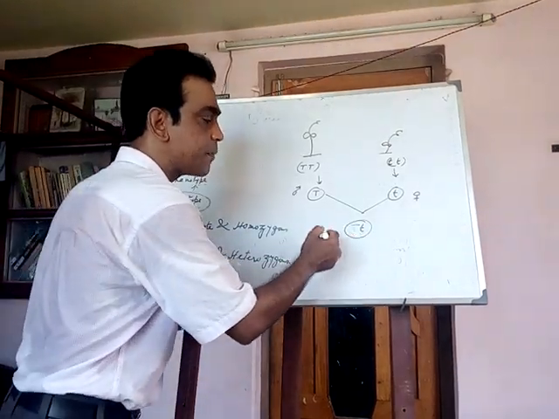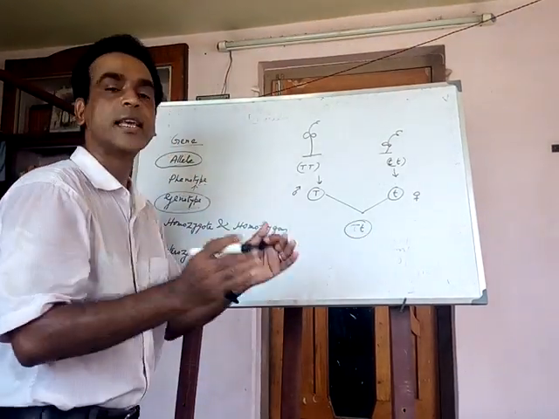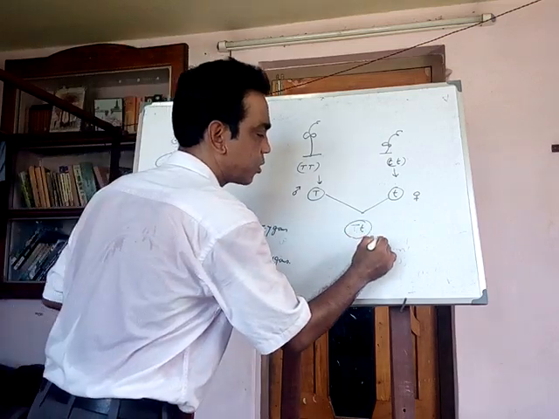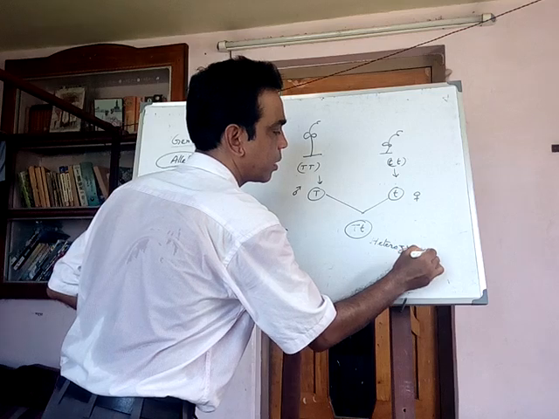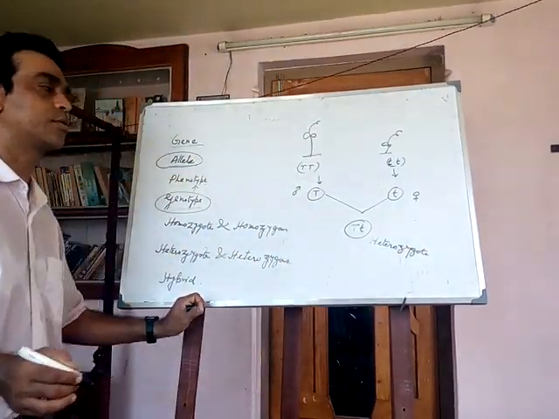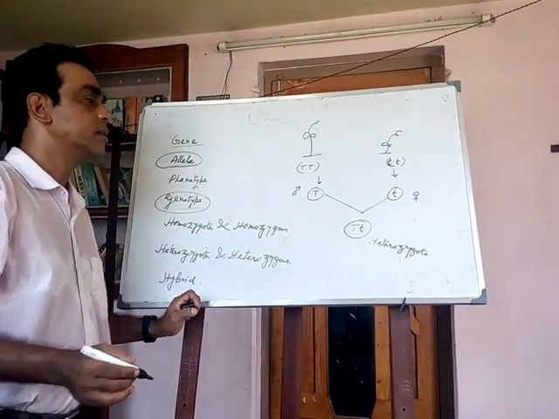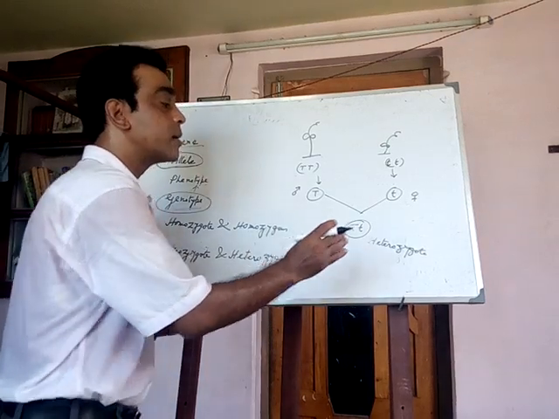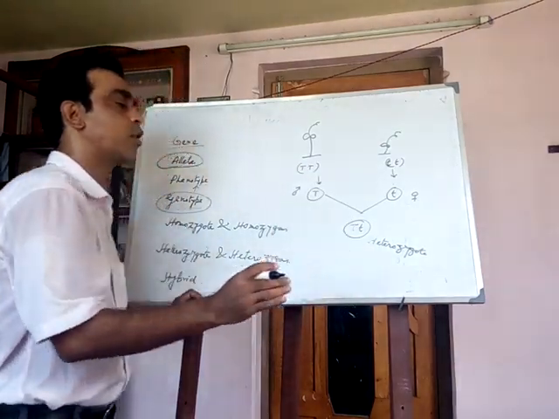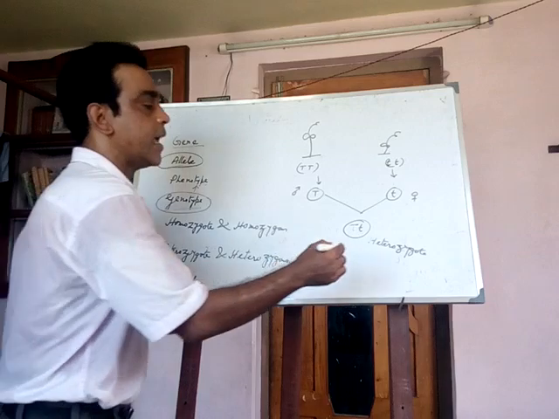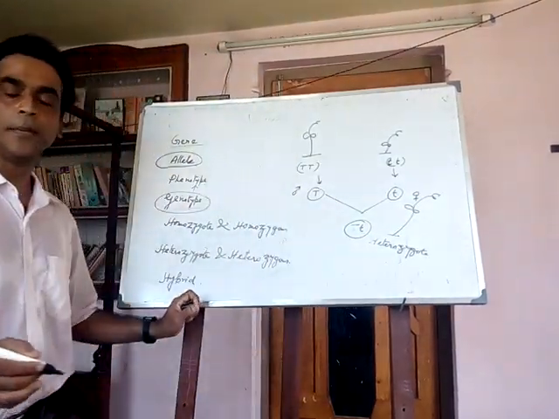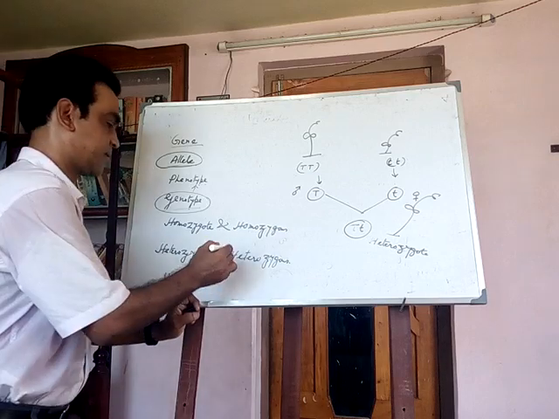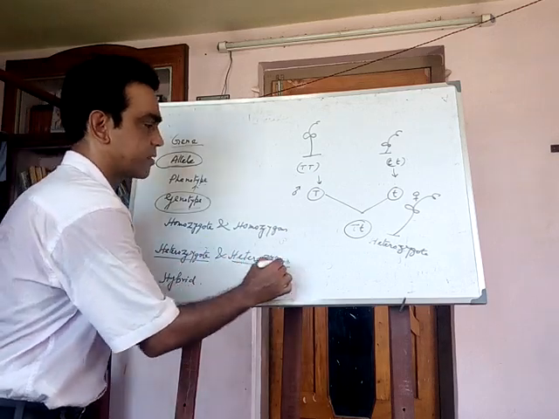The separate factors, separate genes, when they form a zygote, it is called heterozygote, and the organism is called heterozygous. That is heterozygote and heterozygous.